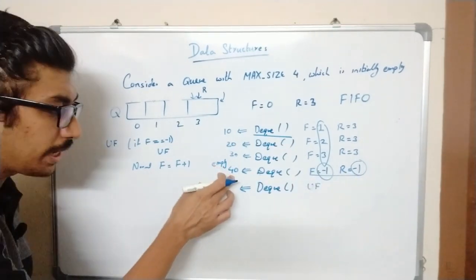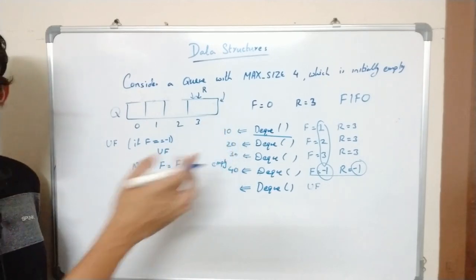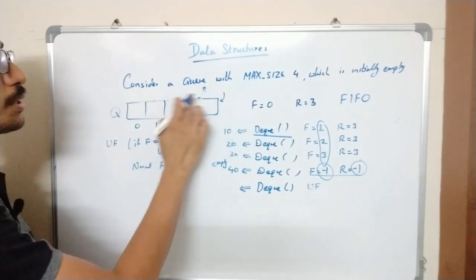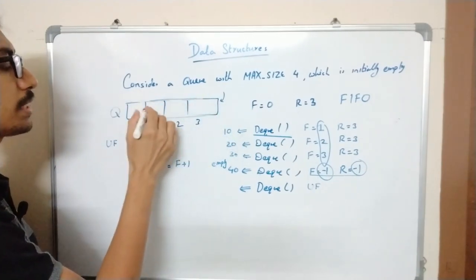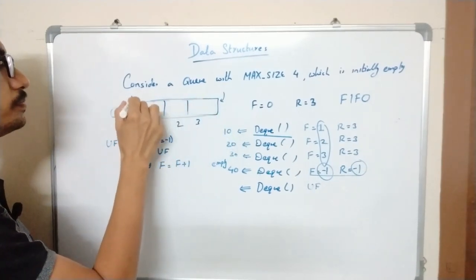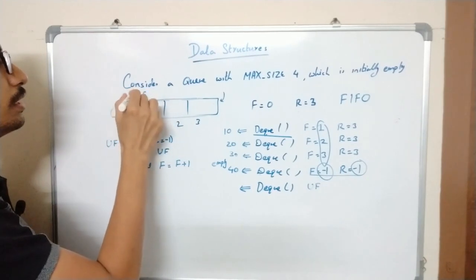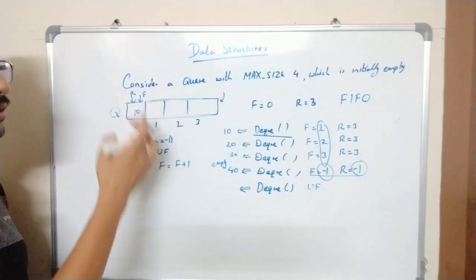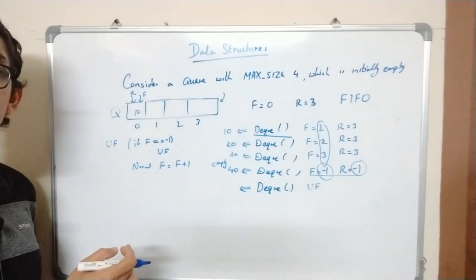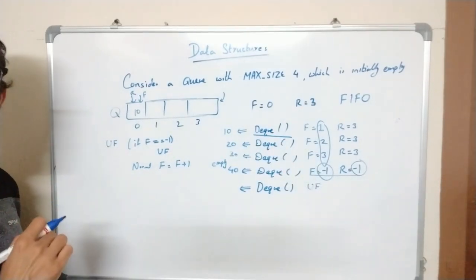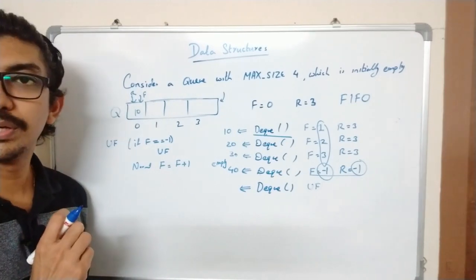So for a deletion to make the queue empty, the queue should have only one element. Whenever the queue has only one element, then while deleting that element, the queue becomes empty and we have to make front and rear -1. So how are we going to know that there is only one element in the queue?